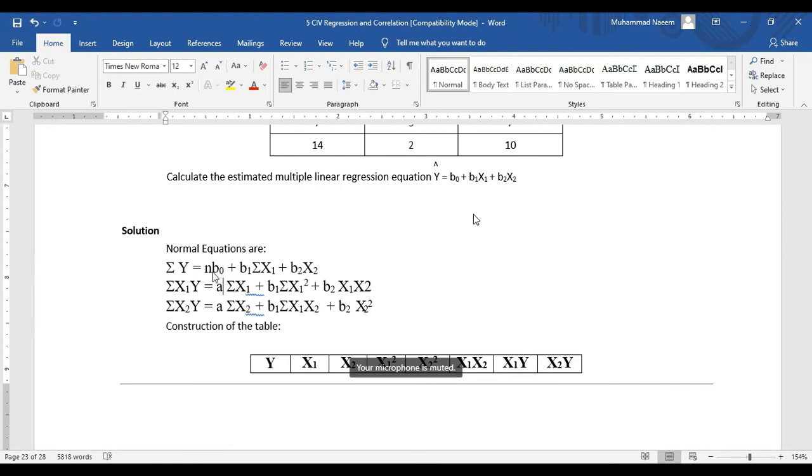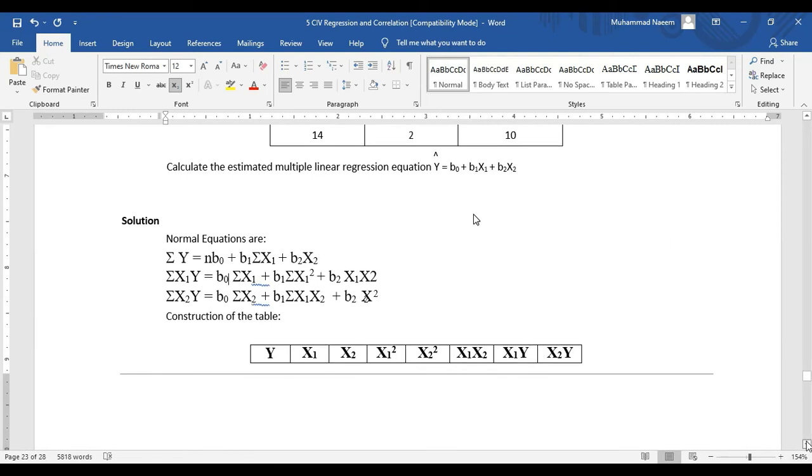The second constant is a coefficient of x1. Therefore, apply sigma after multiplication with x1. Look at the third constant, that is a coefficient of x2. Therefore, the third normal equation is developed first by multiplying x2 and then applying sigma. In this way, we get three normal equations.